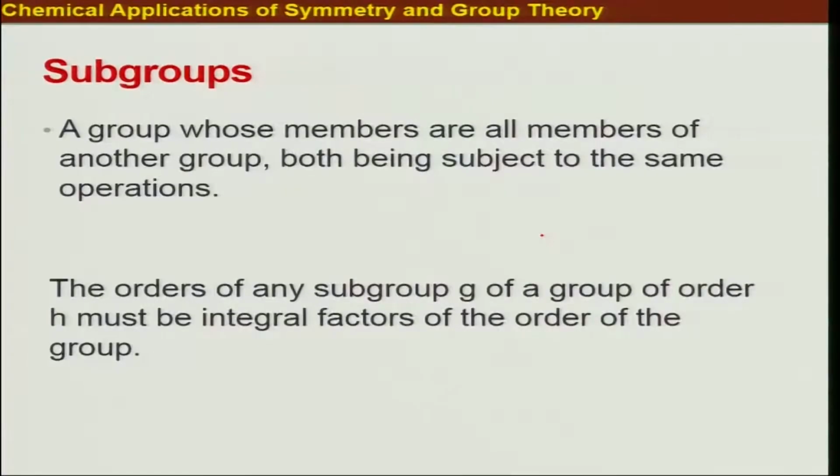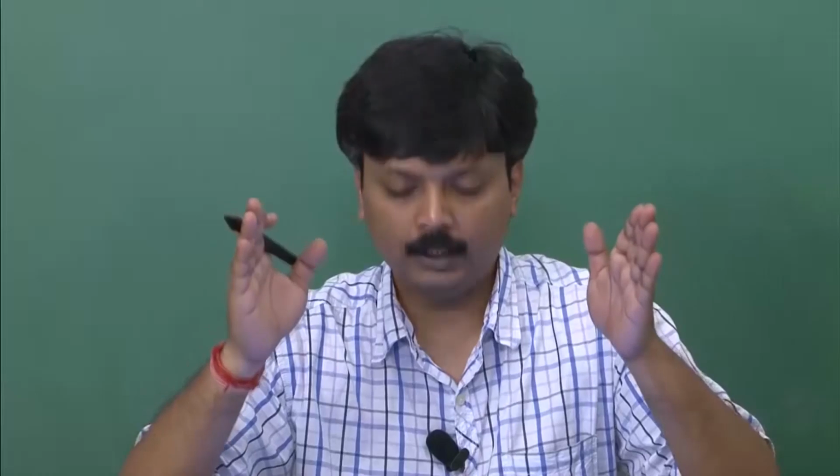So now let's look at some more concepts here, which is known as a subgroup. So what is a subgroup? If you look at it on the screen, a group whose members are all members of another group, both being subjected to the same operations. So what it means is as follows.